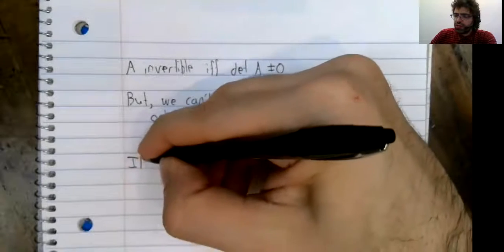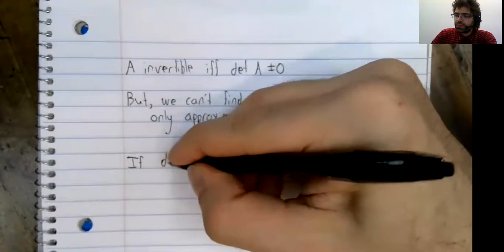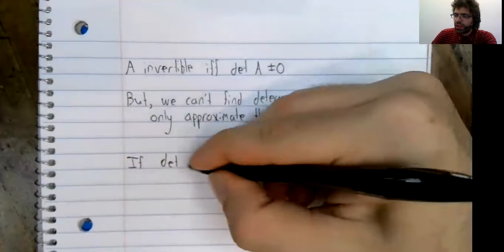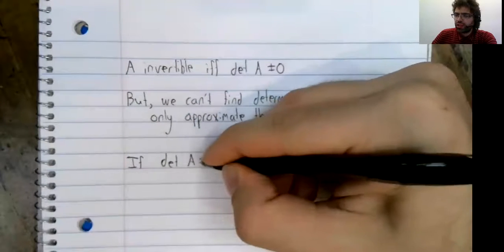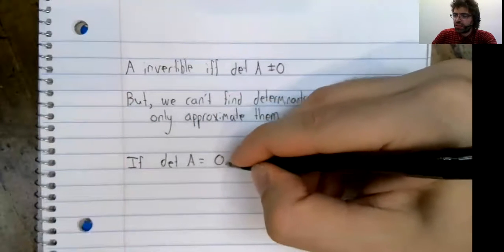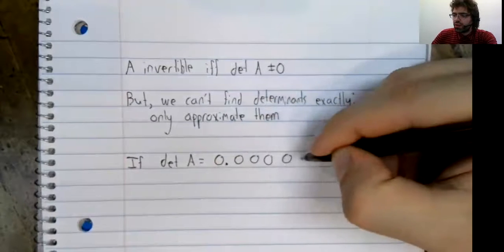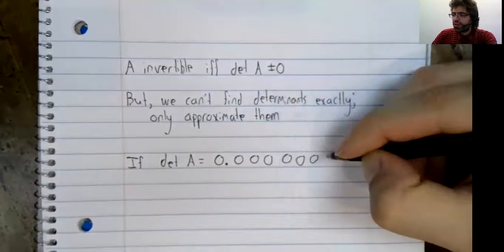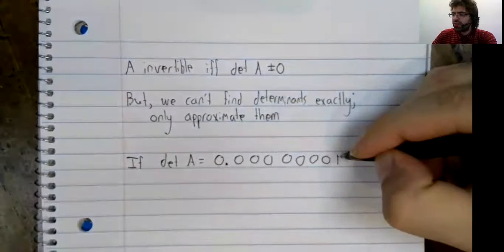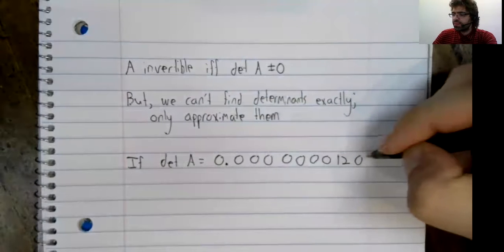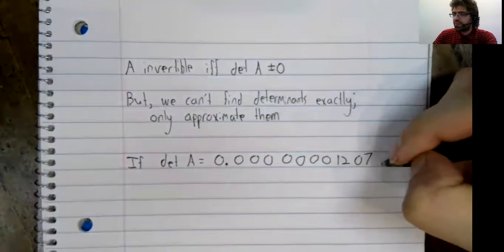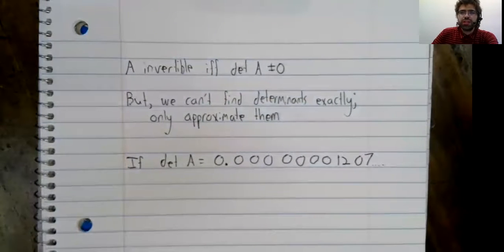So if you start with A and you find that the determinant of A is something like this, what does that tell you?